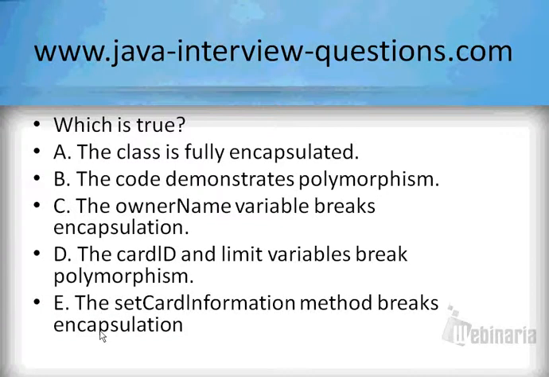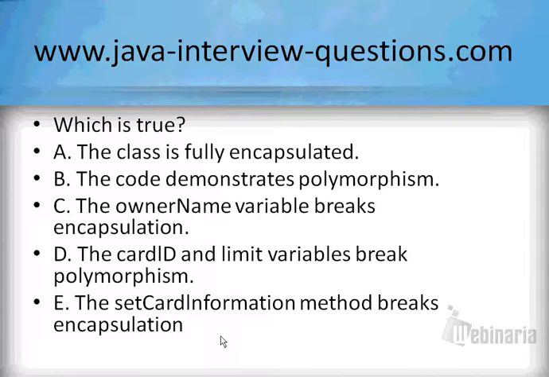So we can straightforwardly eliminate options B and D. We are left with only three options: A, C, and E. The class is fully encapsulated, the owner name variable breaks encapsulation, and the setCardInformation method breaks encapsulation.